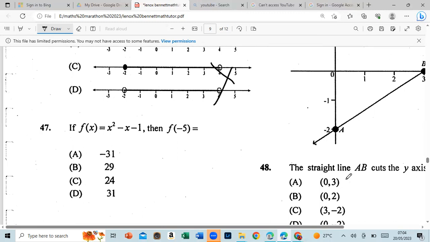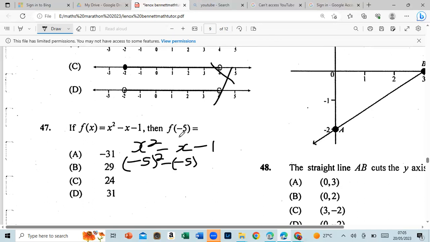Alright, so what we're going to do is substitute -5 in the equation. So boom. Let me rewrite that first: x squared minus x minus 1. I have to be careful of the sign. Remember, x is -5, so we put that in brackets. A common error is students just put 1 minus 5.